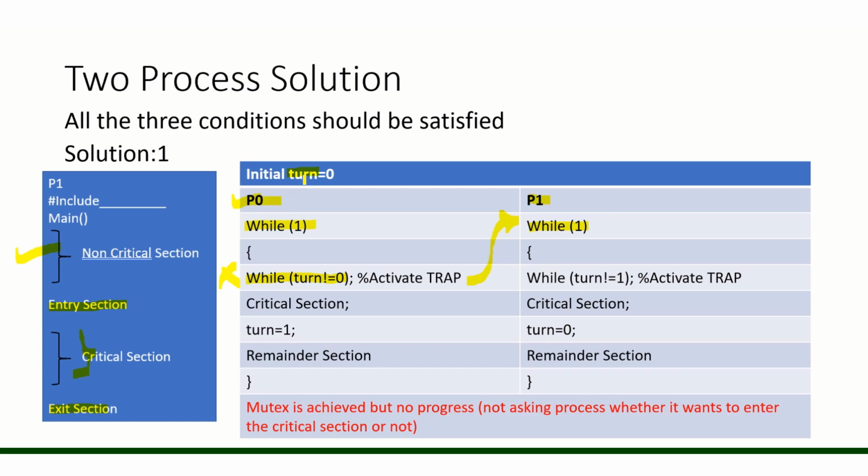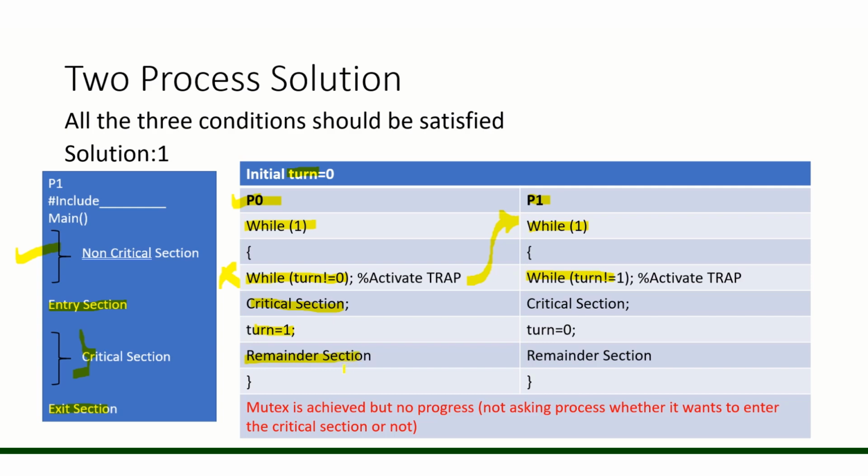The value of turn is 0, so the while condition will be true, and it will not allow the program to go into the critical section. So when turn is equal to 0, P0 will enter the critical section, and after executing it, it will make turn equal to 1, and then execute the remainder section.